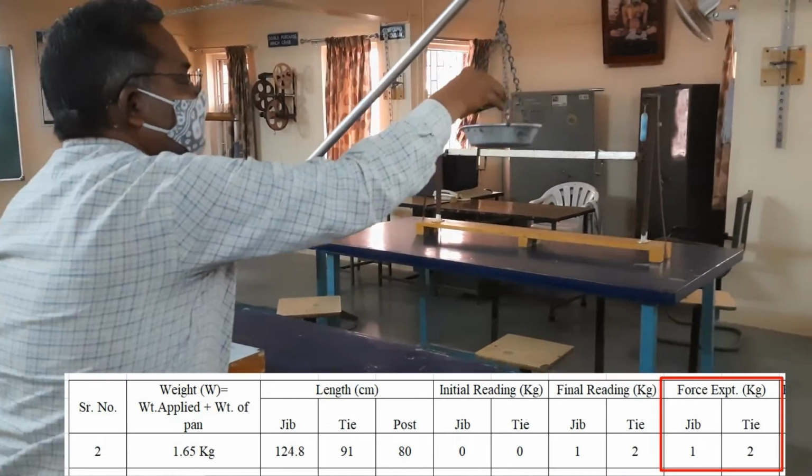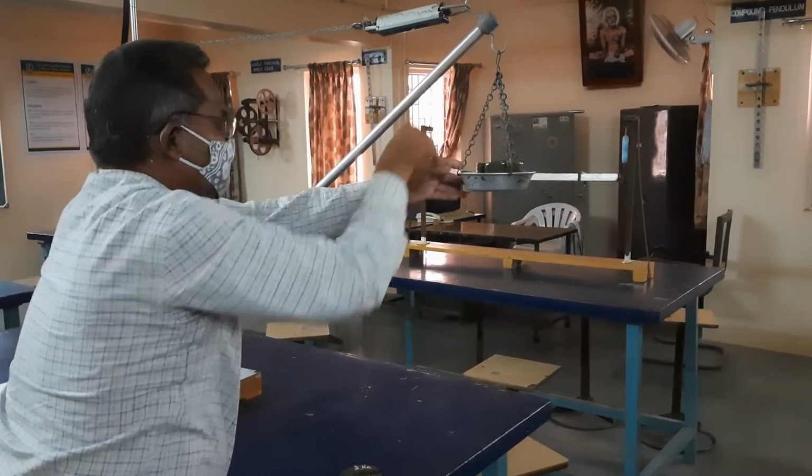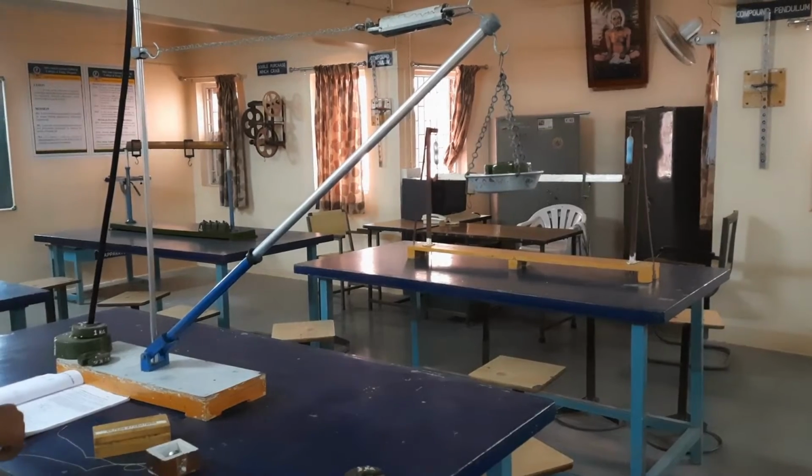Then for the third reading, the load is 2000 gram plus 150 gram pan, so the total load is 2150 gram.